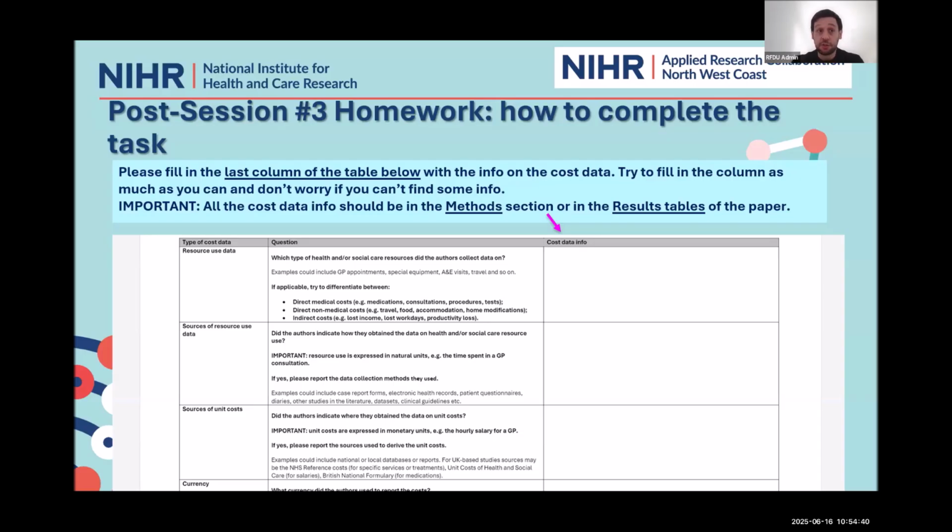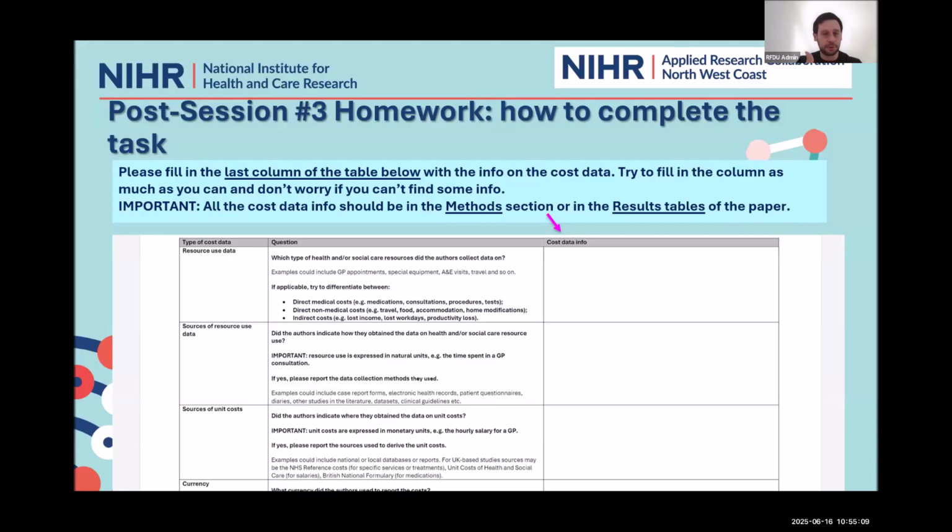Typically, all the cost data should be in the method section of the paper. Sometimes it might be easier and quicker just to check the result tables of the paper as well. What we're going to ask you to do is just extract this information and copy and paste it in. Just as simple as copy and paste. You don't need to paraphrase things. You can just copy and paste information into the 3rd column here. So you'll have to do this for resource use data, and for the sources of your resource use data.